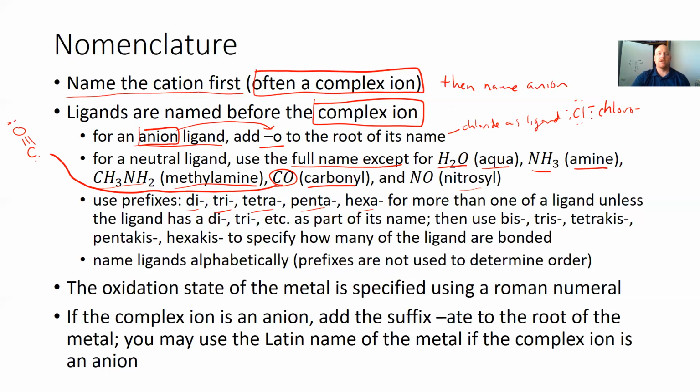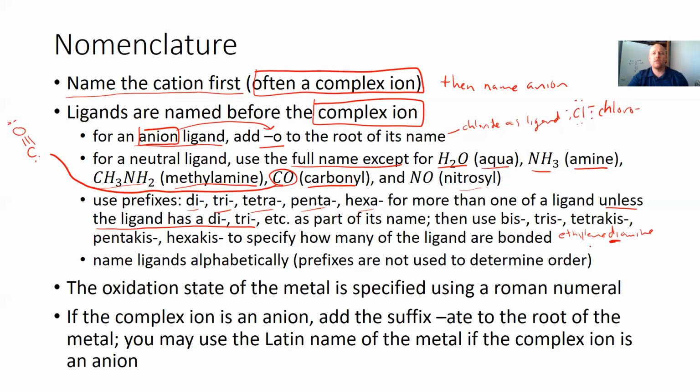Except there are some ligands, and this is sort of the unless here, right? Unless the ligand has a di, tri, tetra, etc. in it. In that case, something like ethylene diamine already has a di in it.